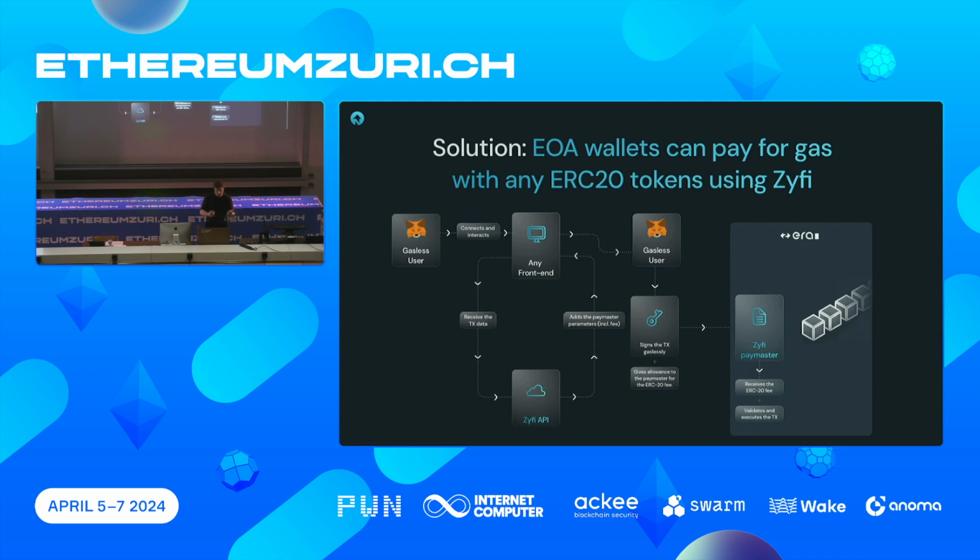We will fetch the price of that token off chain, and then calculate how much of that USDC we need to take from the end user in order for our paymaster to cover the gas cost of that transaction. So we reconstruct the transaction data, adding paymaster parameters, including the fee token that we will need to take for our paymaster. This transaction data is sent back to the front end. The user can then view this new transaction quote, and then sign.